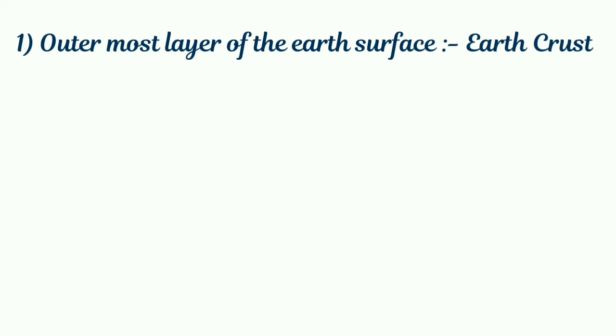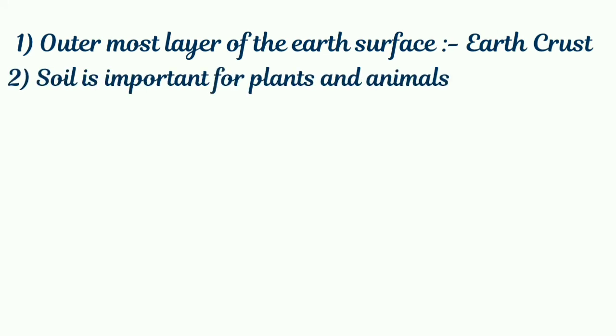What is the outermost layer of the earth? It is the crust. Soil is important in different ways for plants and animals. For plants and animals, soil is important for their existence. What are the components of soil?